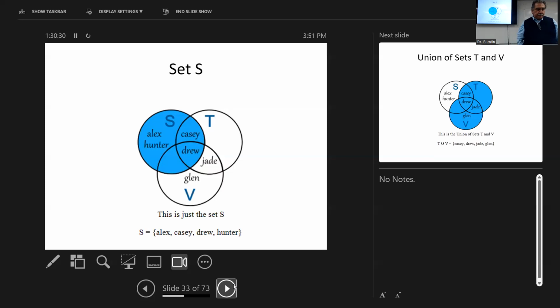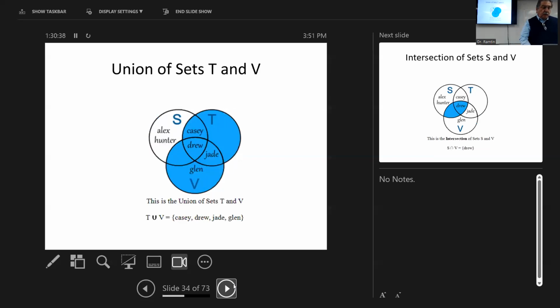Set S. This is just the set for the soccer players, so it's Alex, Hunter, Casey, and Drew. The union of sets, for example, sets T and V, means you have Casey, Drew, Jade, and Glenn. And you write it like this: T union V, and then you put the braces and write the members.